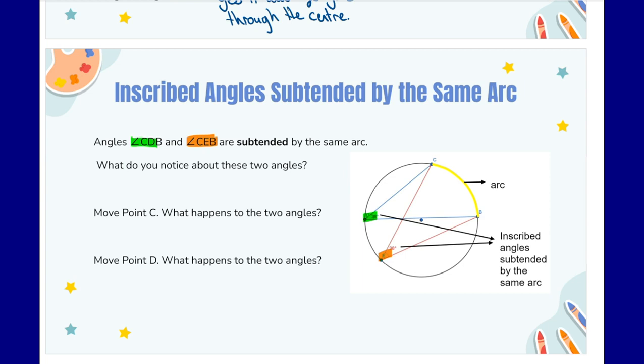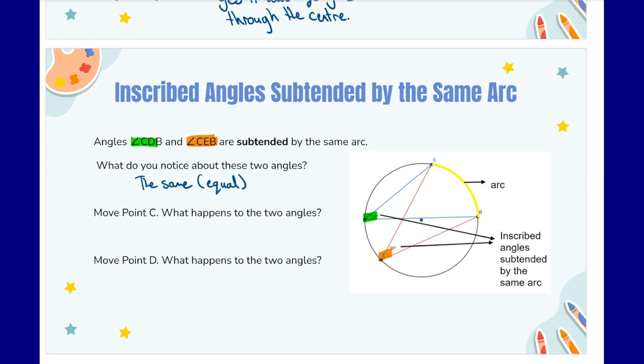So what do we notice about the two angles? What's unique about them? Well, taking a look at them, we can see that they're the same, or they're equal, however you want to word it, both 38 degrees.